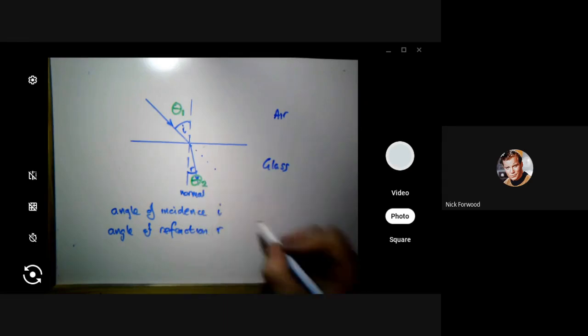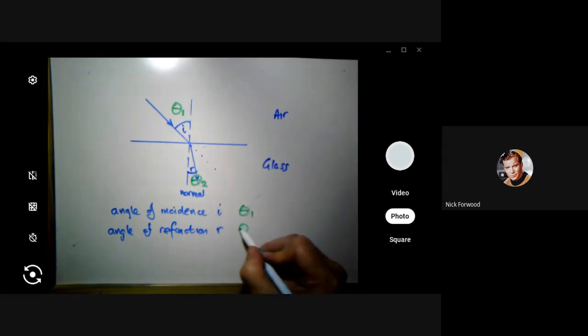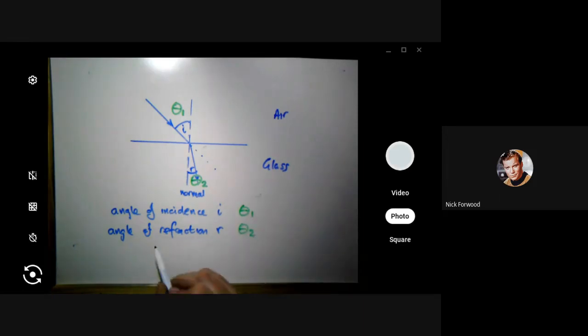So we can replace I with theta 1, and we can replace R with theta 2, and theta 1 is going to be bigger than another mathematical symbol, bigger than theta 2. The angle of incidence is bigger than the angle of refraction as the beam of light slows down and moves towards the normal, changes direction.